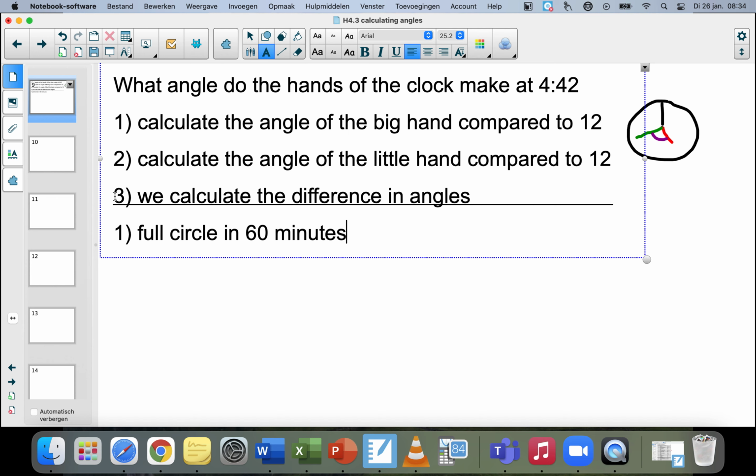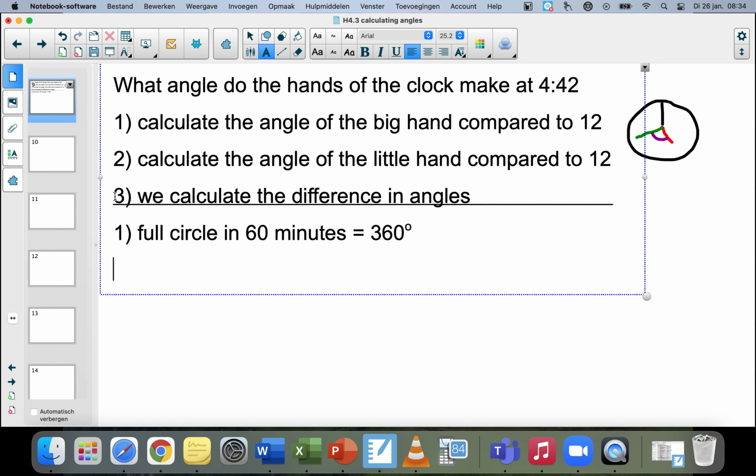So that is 360 degrees, which means in 1 minute it does 360 divided by 60, because it does the same thing every minute, it does 6 degrees every minute. And that way in 60 minutes it's all the way back to 12.